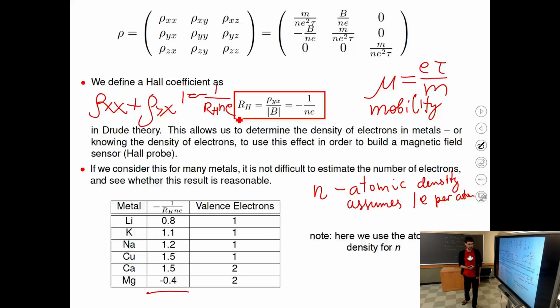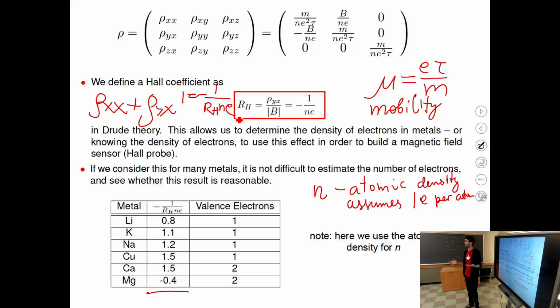How many electrons per atom does a material donate to be free electrons? Well, a good guess for that is the valence of these materials, right? The valence number of available electrons, electrons that can go to other atoms. So in a solid, valence should tell you how many free electrons you have, right?